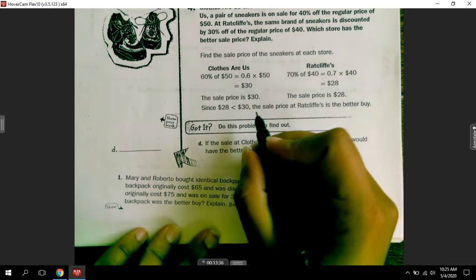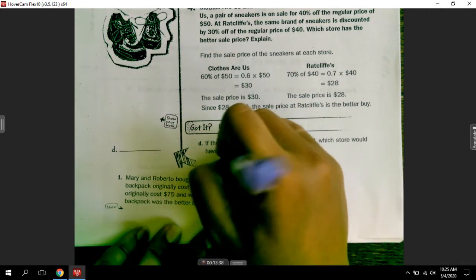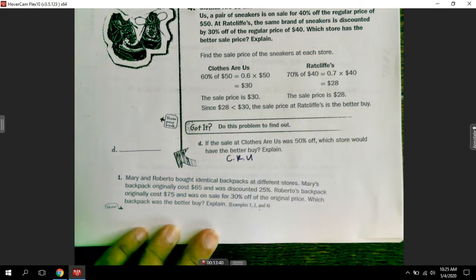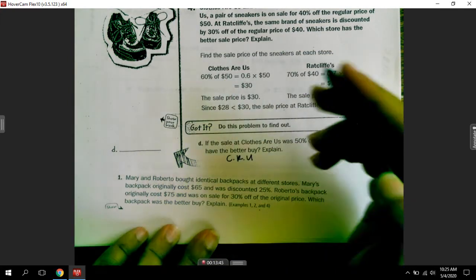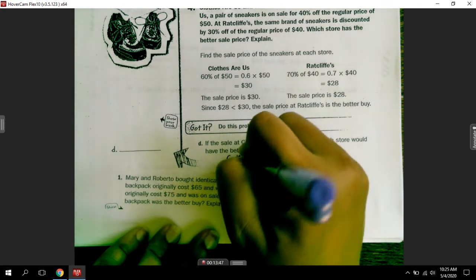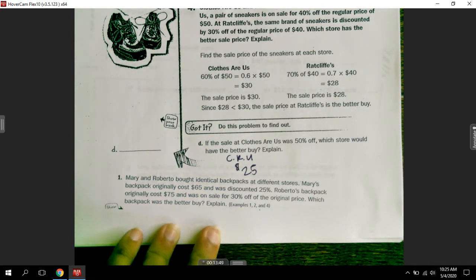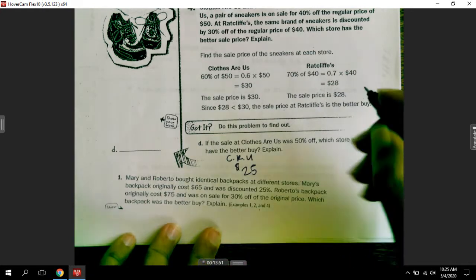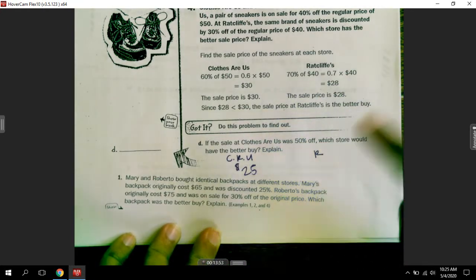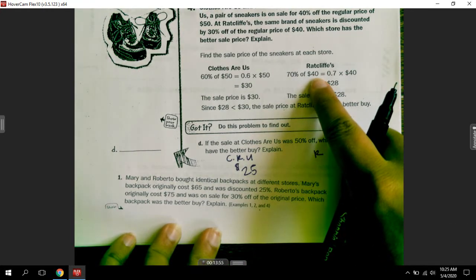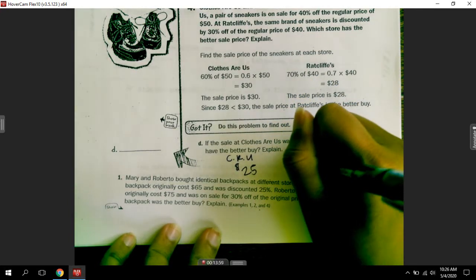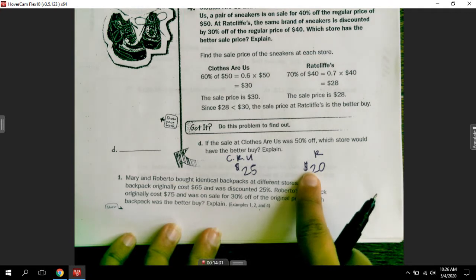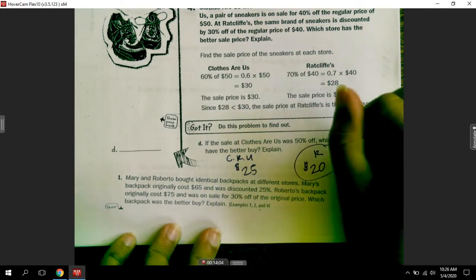So you can easily say, okay, Clothes R Us, the original price was $50. So if it's half off, then that means it's $25 now, right? You don't even have to really do math. And then Radcliffe's, the original price was $40. So what is half of 40? 20. So which one's cheaper? Radcliffe's. Radcliffe's is still going to be cheaper. Okay.